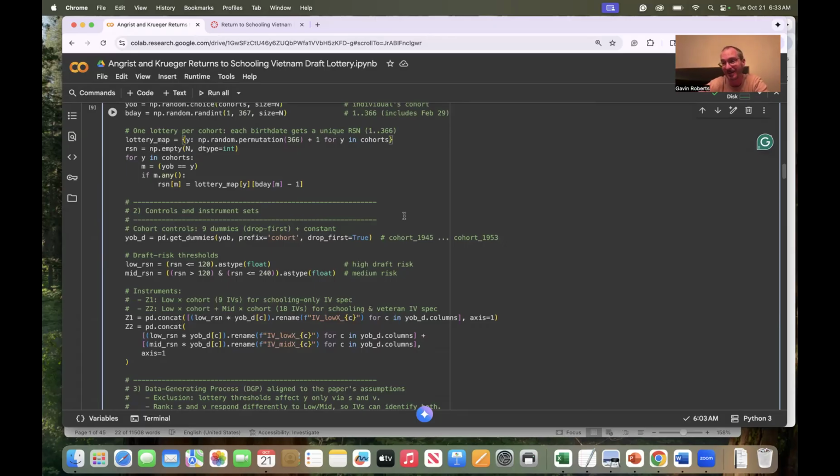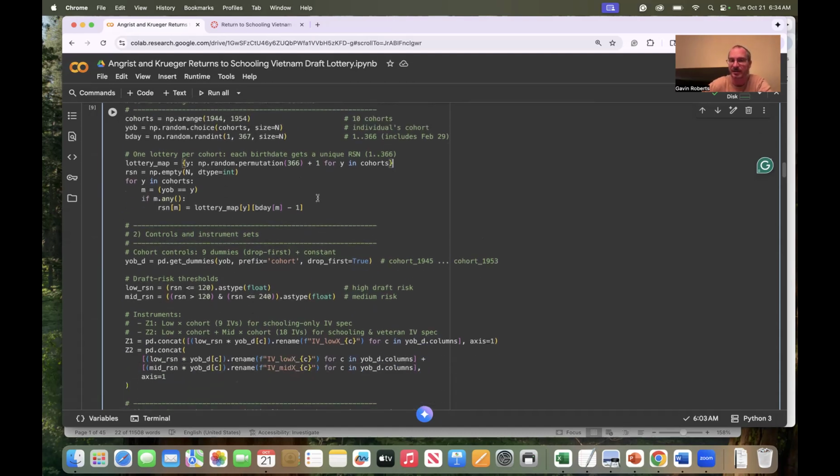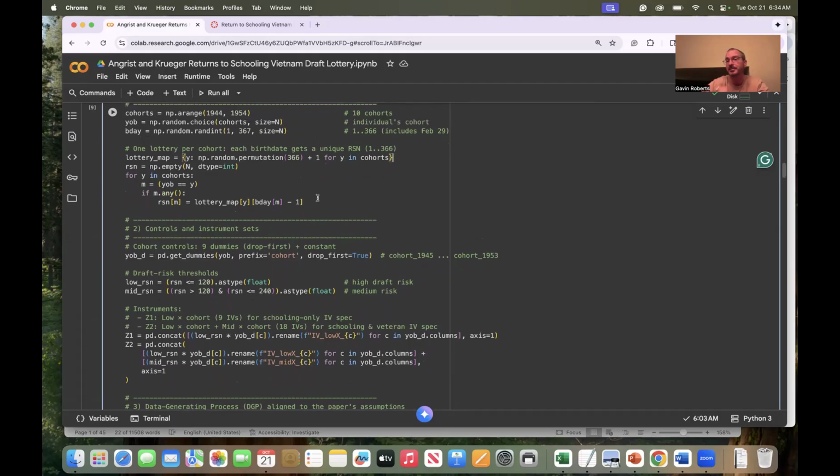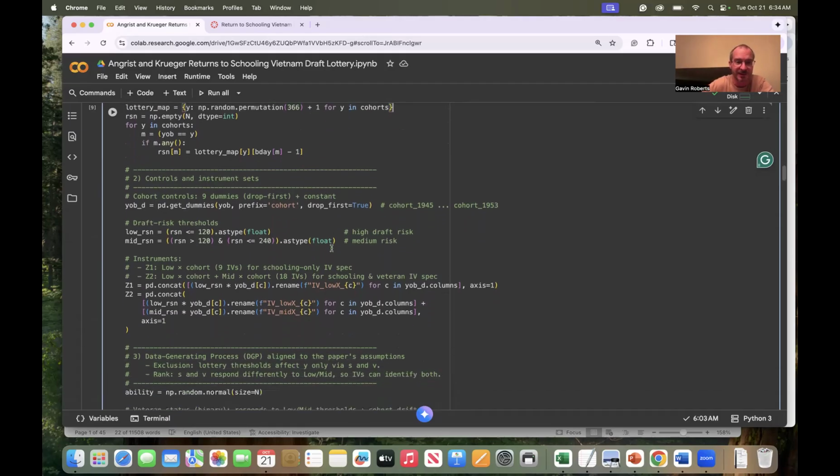That's a really bad lottery number, because almost certainly when they randomly draw the maximum lottery number, 1 will be below it if they draft anybody. The only way you're not getting drafted with a 1 is if they don't draft anybody, because that's the first group of people drafted. So that's how these work, and we're just randomly creating those right now. We're basically creating a bunch of birth dates for people in our sample.